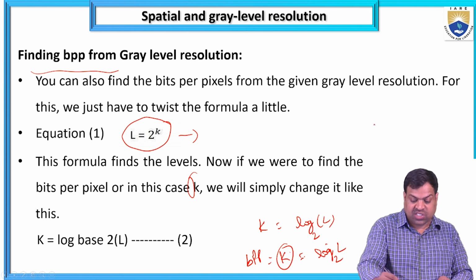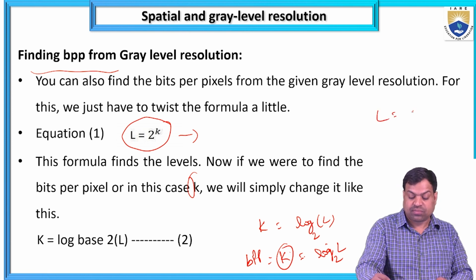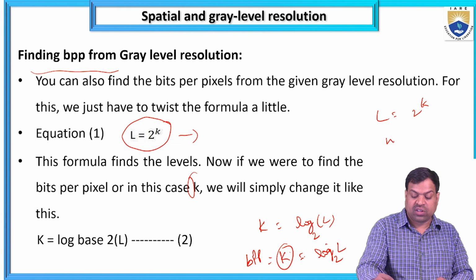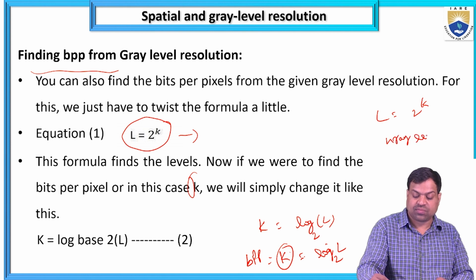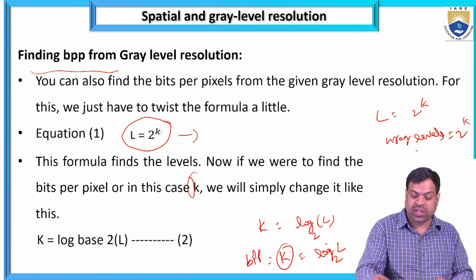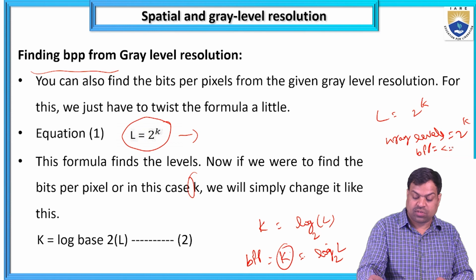In the previous part we discussed that gray levels L equal 2 power k. But here BPP is equal to k, which is equal to log L base 2.